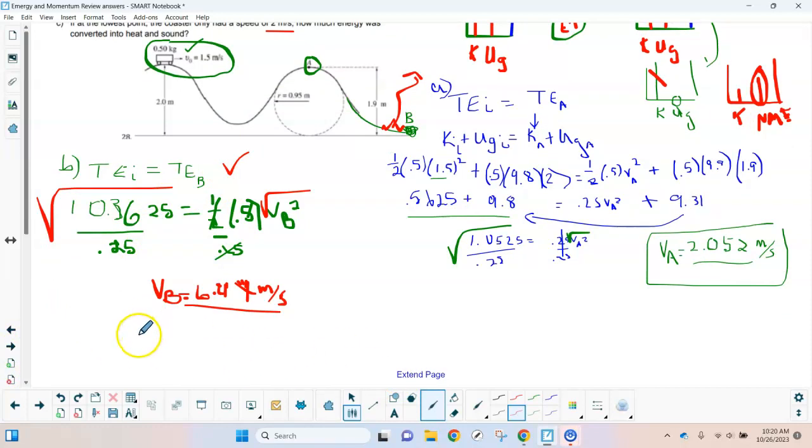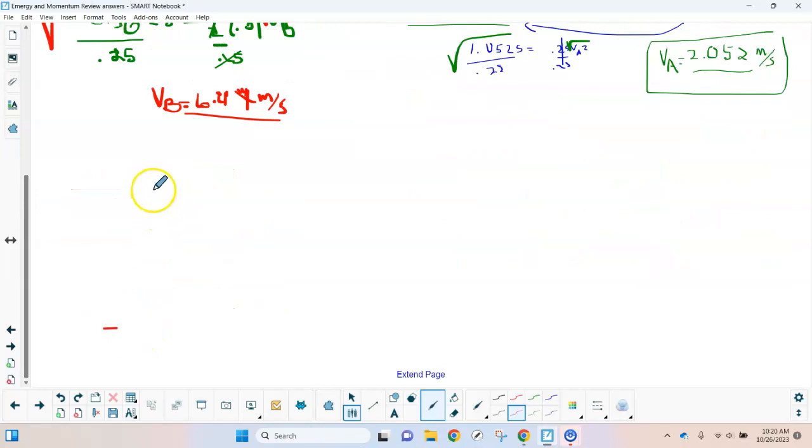So there we go. The total energy at A, which is the initial total energy, should equal the total energy at C.